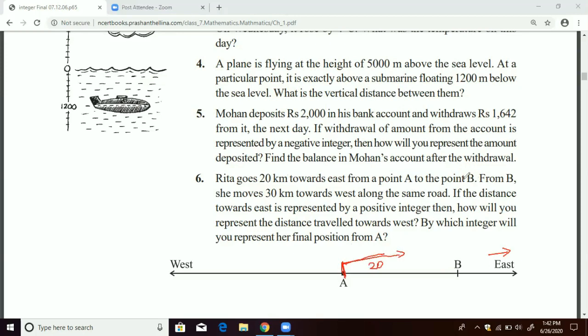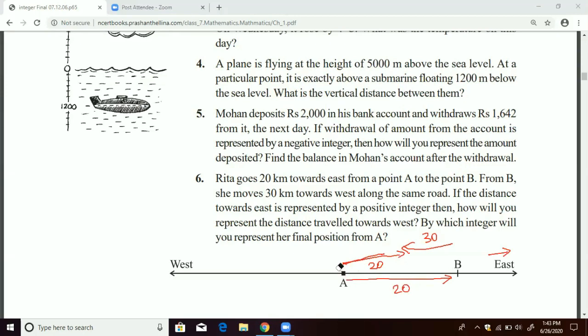Then she arrives at B, traveling from A to B. Then from B she moves 30 kilometers back towards west. From A to B she travels 20 kilometers, so we can write that as 20.